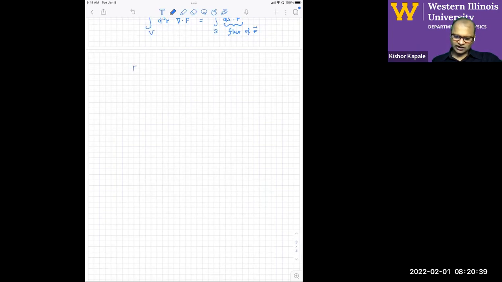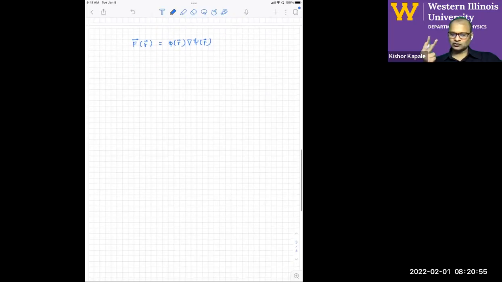What we're going to do is change this F, which is taken to be a function of R. That's what the quantities in E&M are, their functions of position, is a combination of phi and psi, two scalar functions, two scalar fields, where of course F is a vector field, so you have to bring in the vector character somehow, and that enters here through the gradient operator, right?